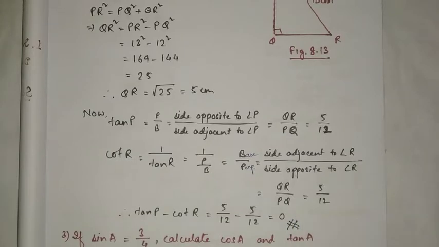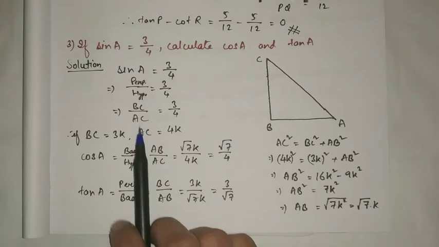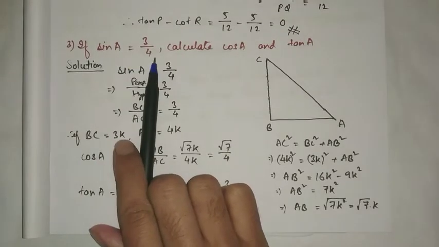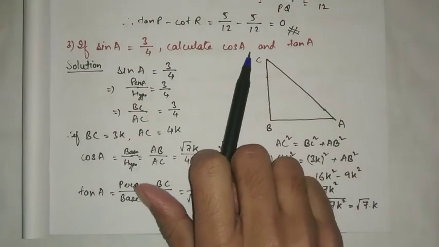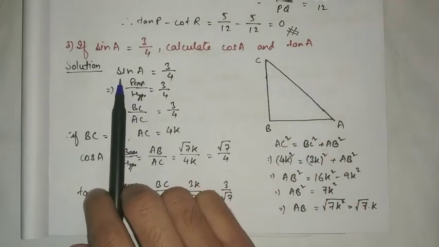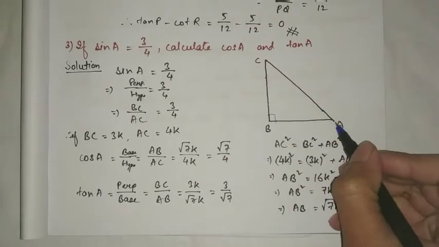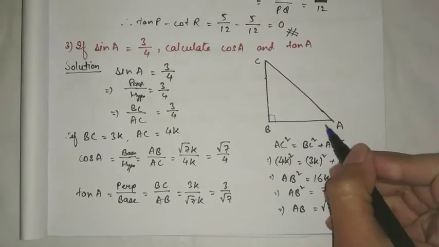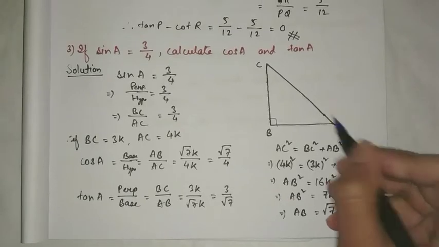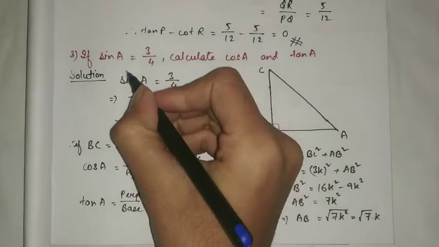So the next problem is, if sine of A is equal to 3 by 4, then we have to calculate the values of cos A and tan A. So we first draw the diagram. We take the angle A as a base, so we draw it below here, not here, for the sake of our convenience.